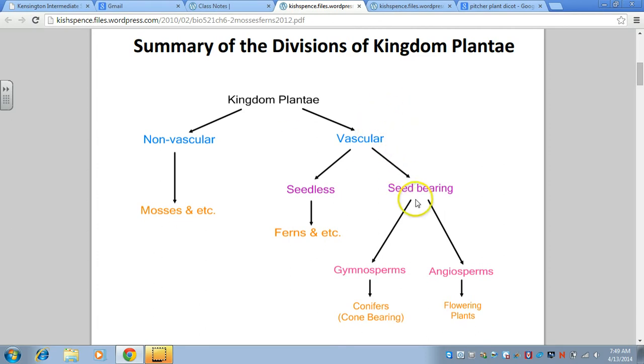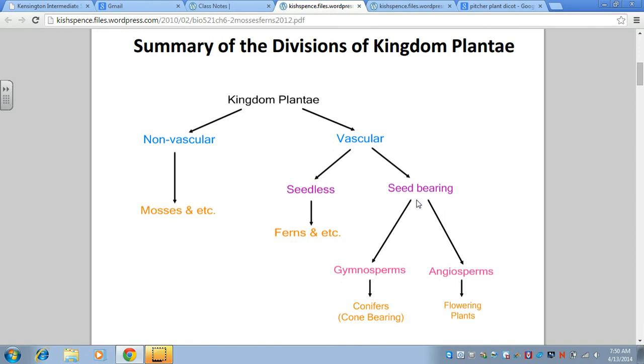Then we started talking about the seed-bearing vascular plants, and they're, of course, more complex, and they can be really any size. There's no limitation to their size in that they produce seeds, and they have strong vascular tissue, so it can form a really sturdy stem. Like in the trees, they have really hard stems that can hold them fairly tall.